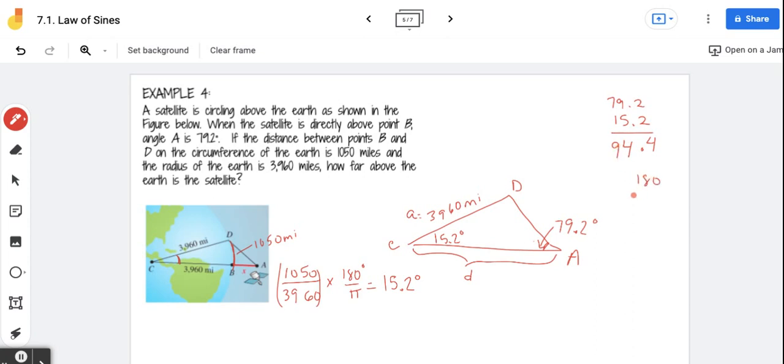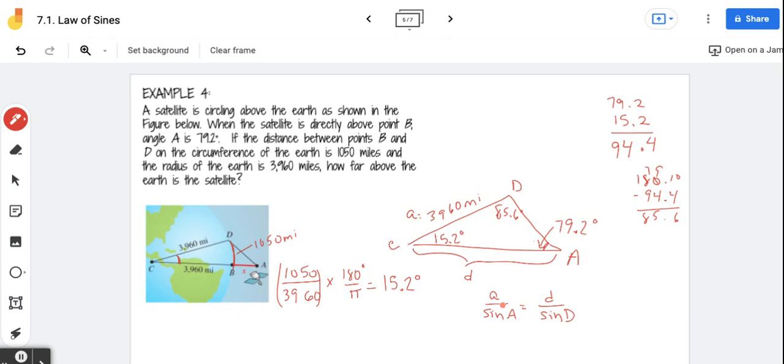And then 180 minus 94.4 is 85.6 degrees. Now I have enough information to set up the law of sines. I can say a over the sine of angle A equals d over the sine of angle D.